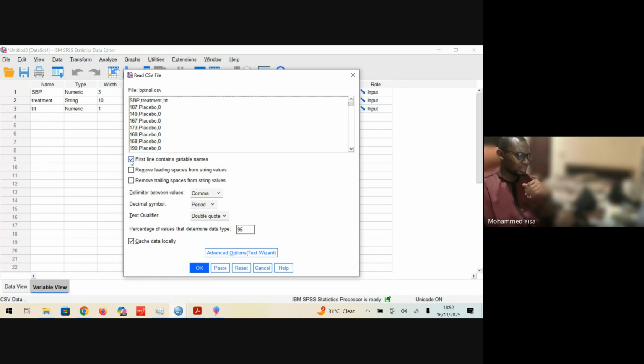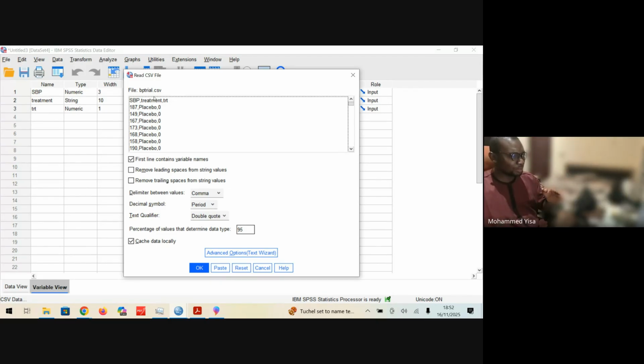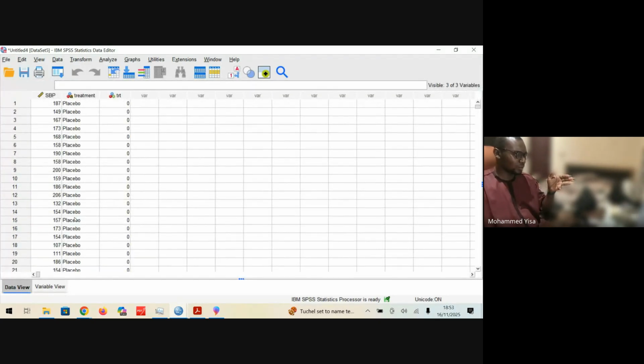But one thing is to select that the first line contains variable names, because it does in the case of this data set. And then the delimiter for this data set is comma. CSV means comma separated value. So you can see this SBP treatment, they're all separated by commas. If you specify that the comma is the delimiter, it will separate these things into 3 columns. And then when you click OK, you should see the data set the way I also see it here.